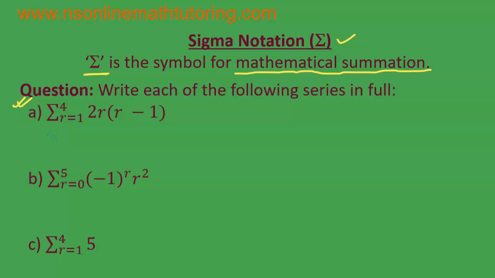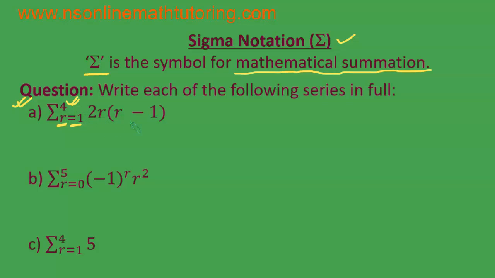Now coming to the sigma notation part, you see along with the sigma notation we are having this variable r and this is the starting value of the variable and this is the ending value of the variable r. So the starting value is 1 and the ending value is 4 of this series.